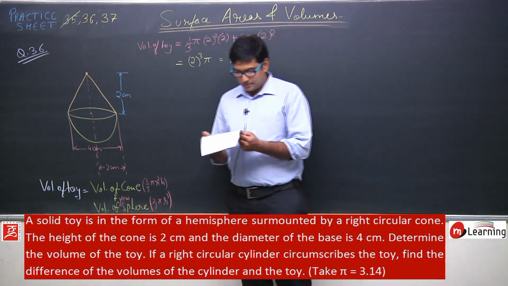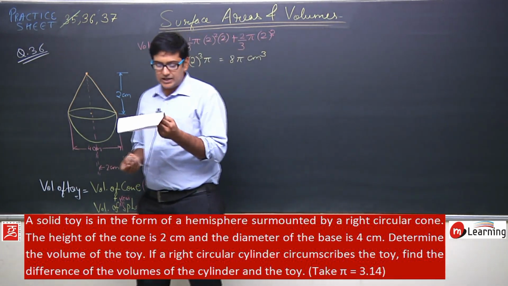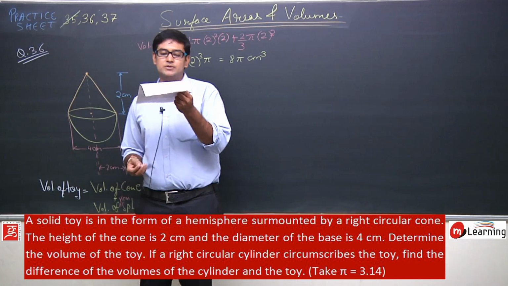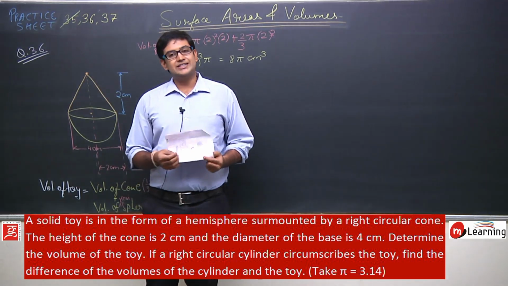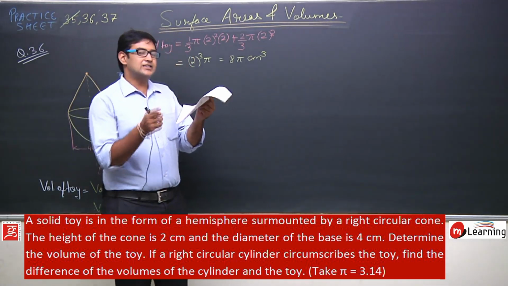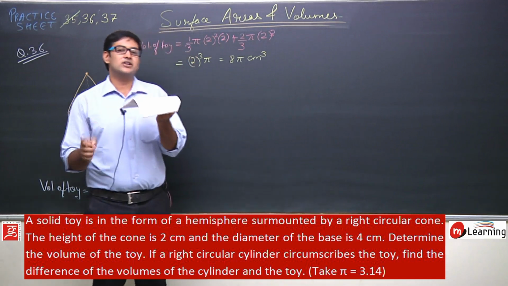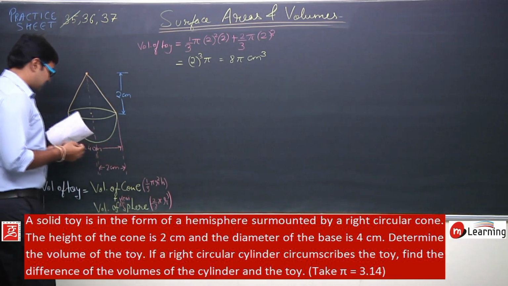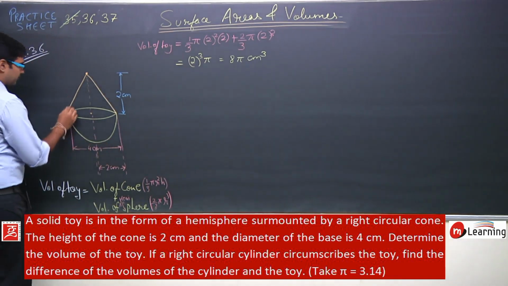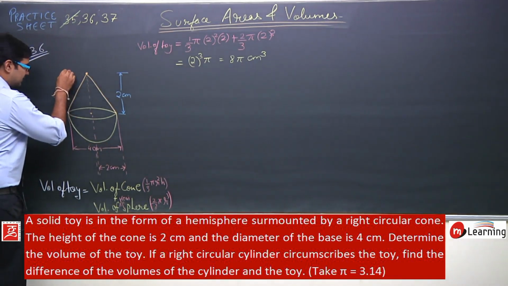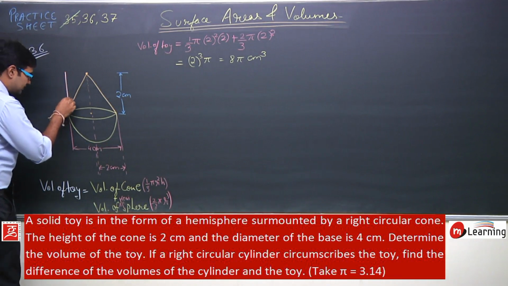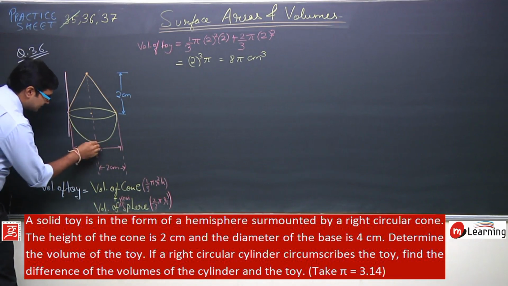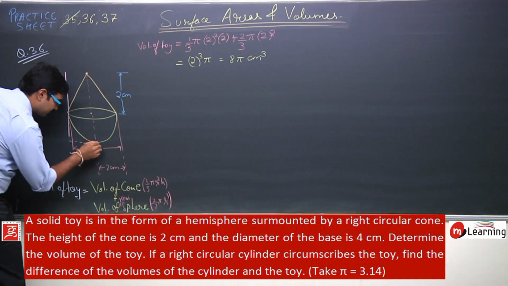It says, if a right circular cylinder circumscribes the toy. So what it says is, as in the figure, there is a right circular cylinder, it is circumscribing the toy. It is circumscribing such that the toy is just fitted inside the cylinder.